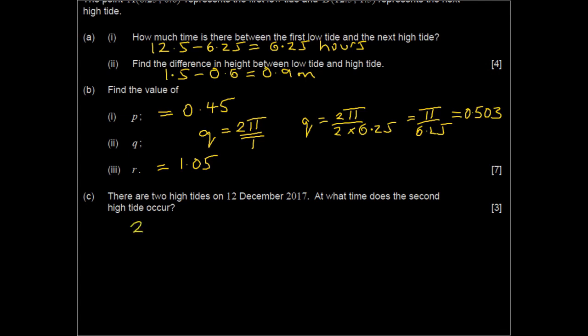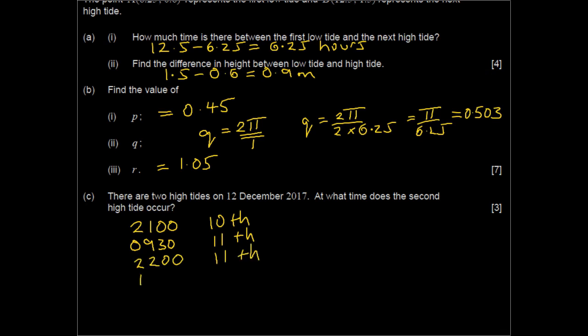So if we start with the first one, which is 2100 on the 10th, we can then add 12.5 hours on, which will be 9:30 on the 11th. We can then add another 12.5 hours on, which will be 2200 on the 11th.